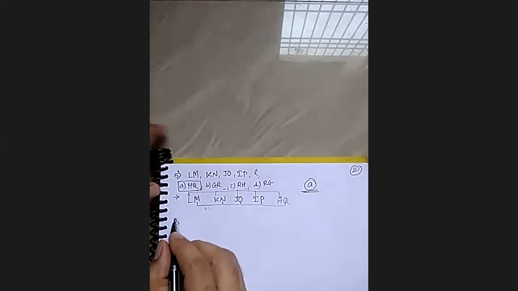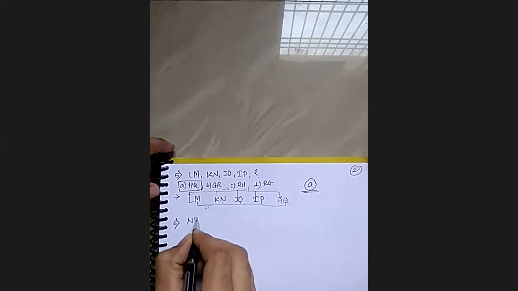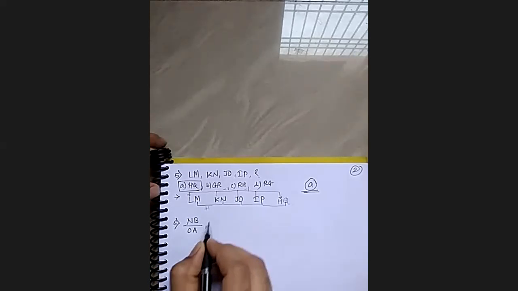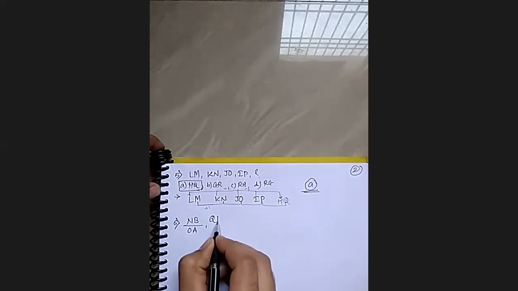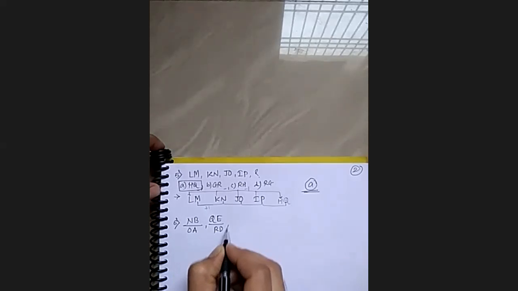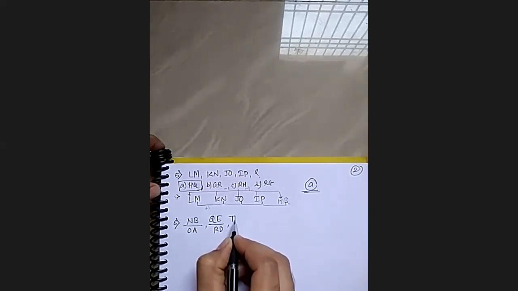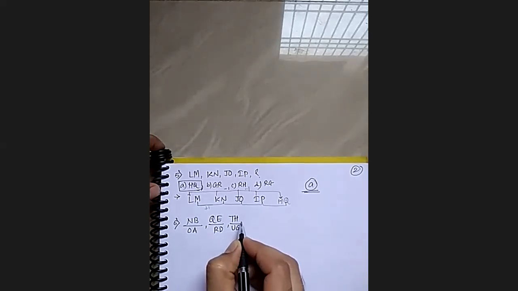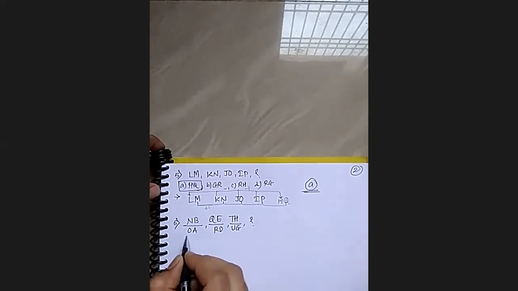Now, NB divided by OA, comma, QA divided by RD, comma, TH divided by UG, comma, question mark.